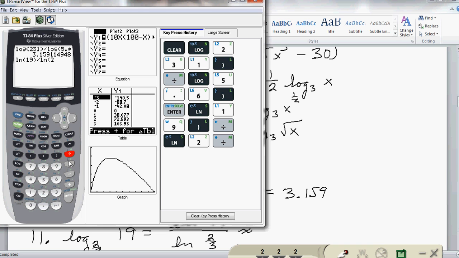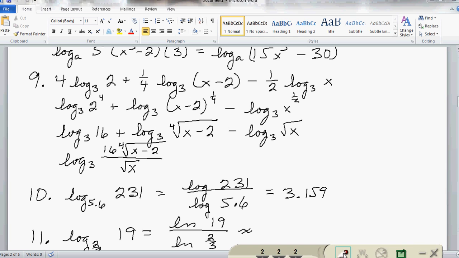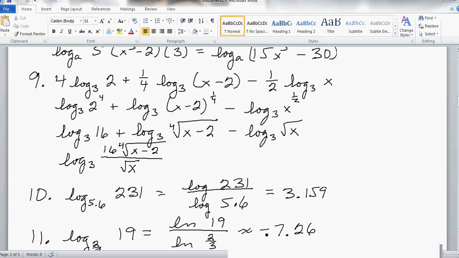And so do 2 divided by 3, because that's the easy way to put 2/3 into a calculator. Hit enter, and round to 2 decimal places, we get negative 7.26. And there is the approximate answer for number 11.